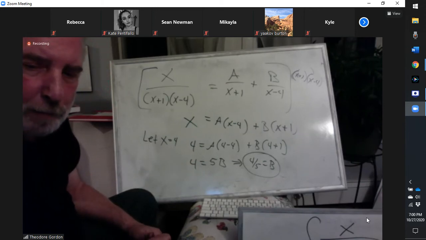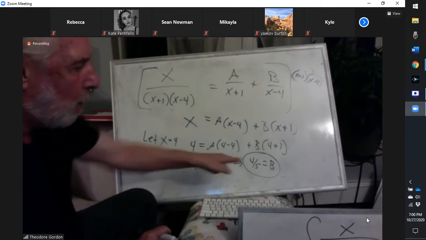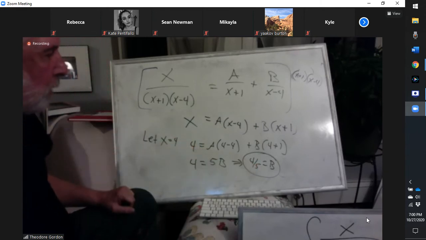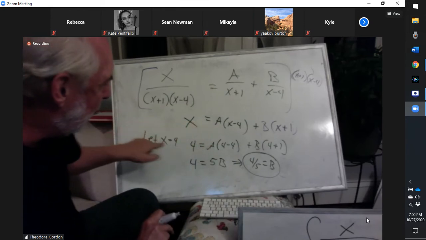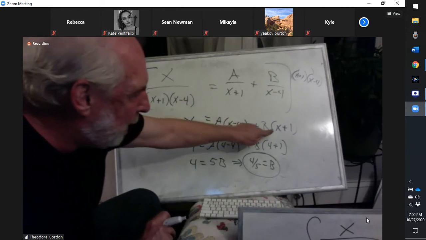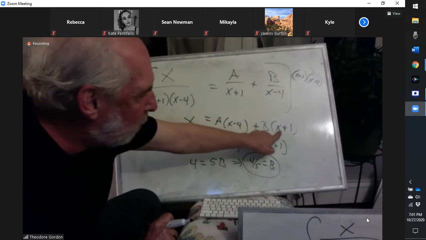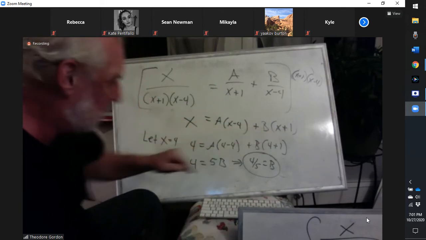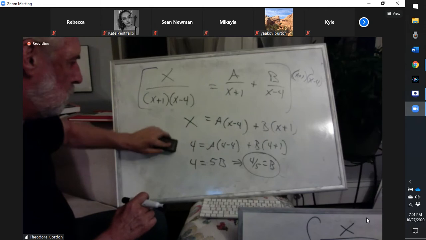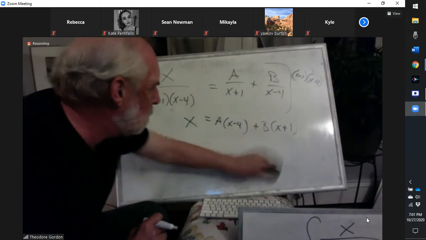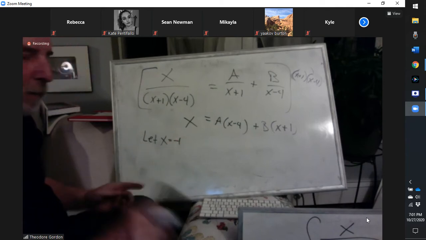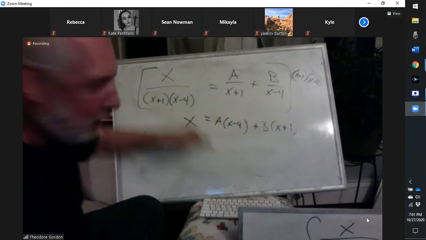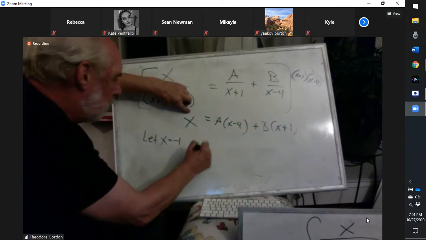All right. Okay, so now I know what B is, 4/5. Now I have to figure out what A is. So I'm going to pick an X value that makes B disappear, and that X value will be -1. If we let X equal -1, we replace all the X's by -1, including this one.